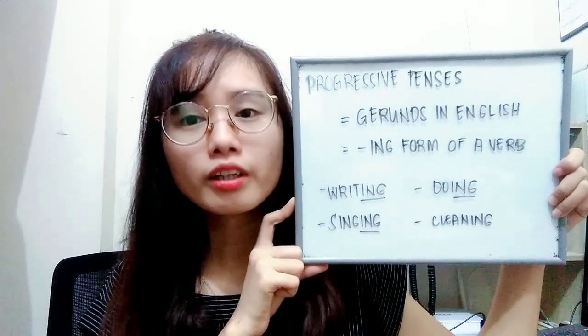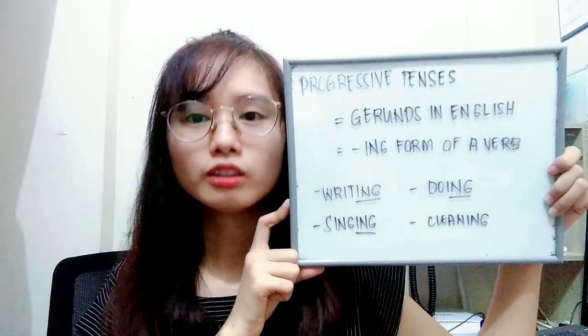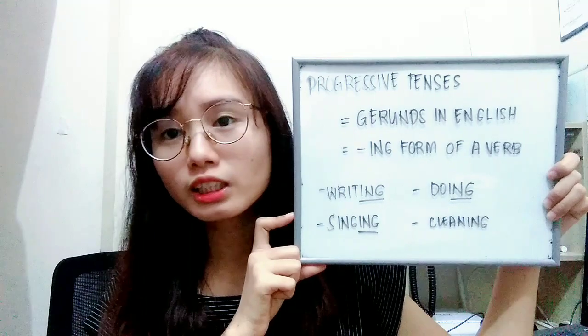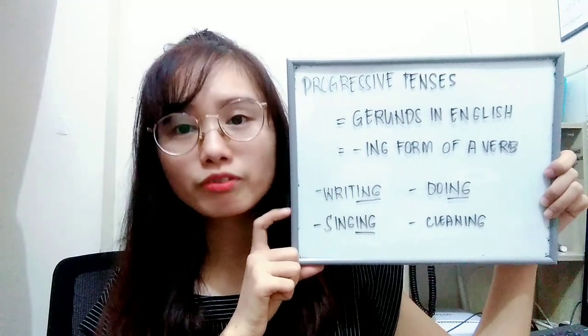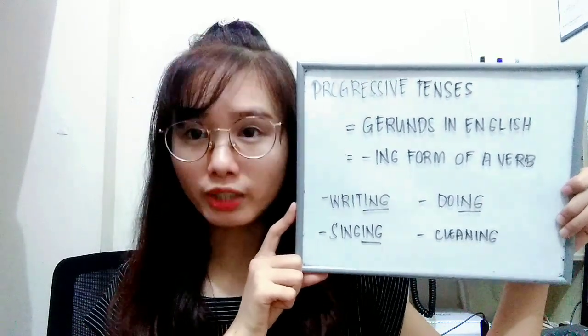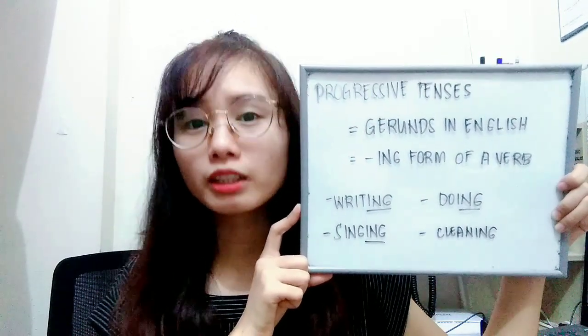For example, writing, singing, doing, cleaning. So, lahat ng mga actions na ito ay natapos sa ing, and it simplifies or pinopoint out niya na ang action ay kasalukuyang nangyayari. For example, I am writing, I am cleaning.